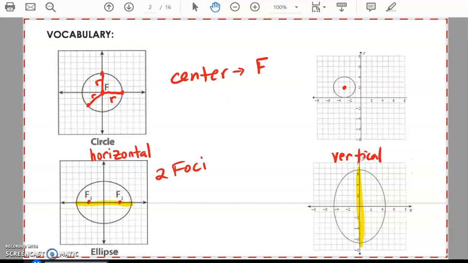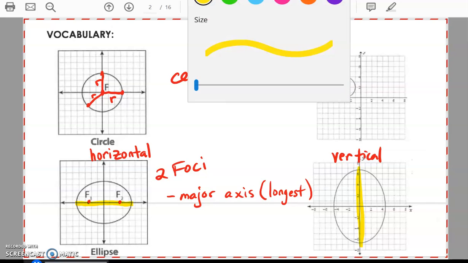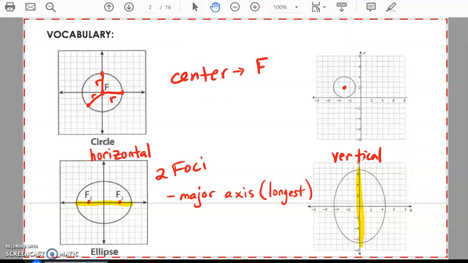The longest distance across that ellipse is called the major axis. One thing to remember is the major axis is the longest one. And then the other axis is the shorter one, and we call that the minor axis.